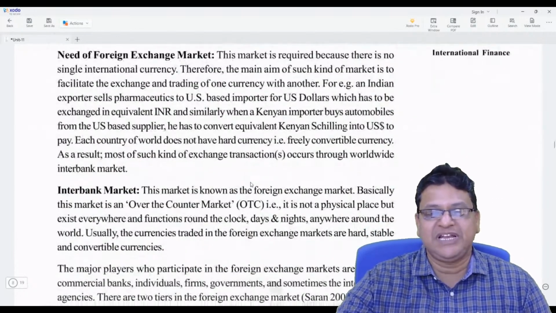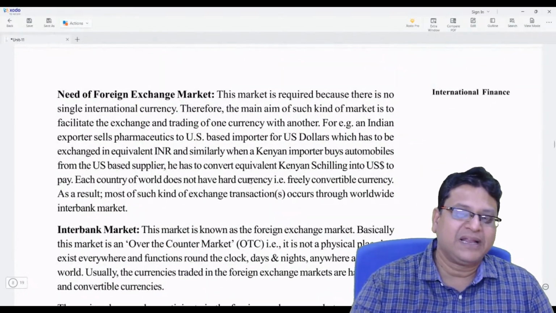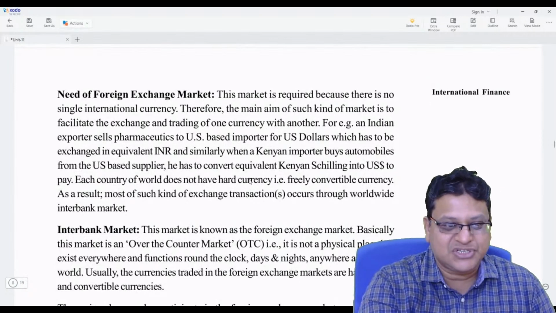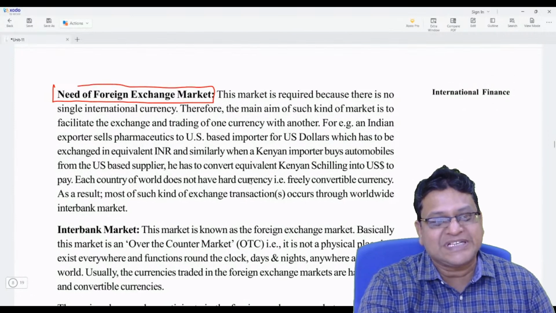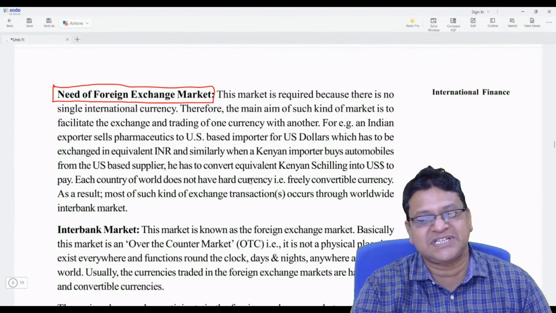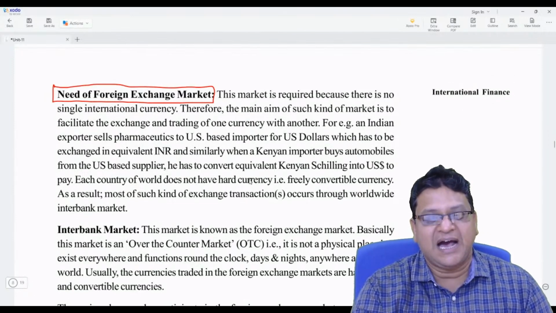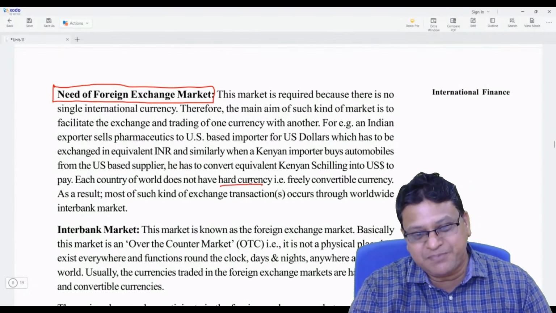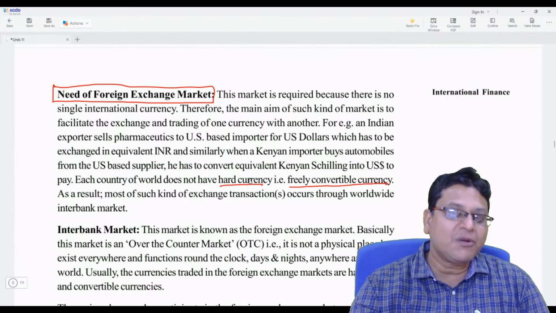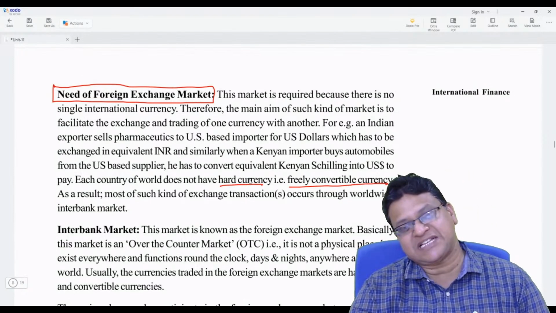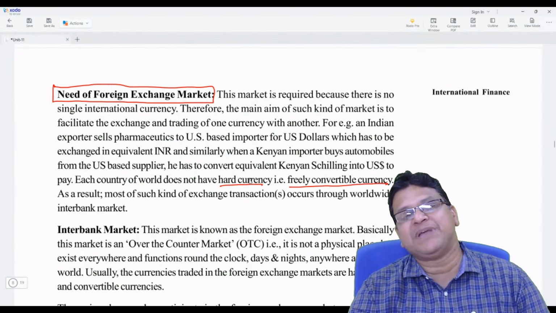So what is the need for forex market? We know that in international transactions, the transactions are made in hard currencies. What is hard currencies? Hard currency are internationally accepted currency which are freely convertible. So normally international transaction takes place in 4-5 major currency.